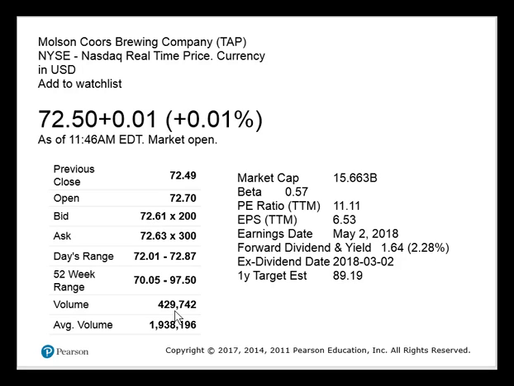On this day, the volume was 429,742 shares traded. So if you take 429,742 and multiply that by 2 cents, essentially the brokerage house on this day made $8,594 from these trades.